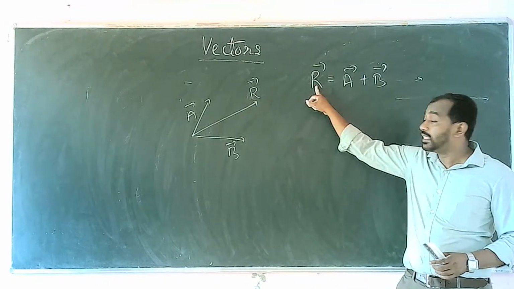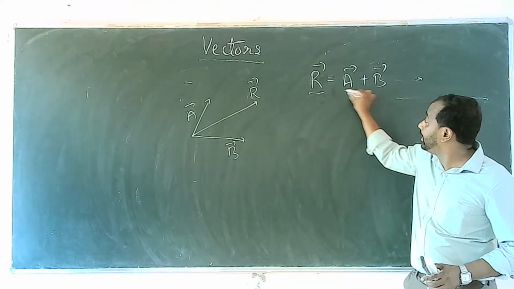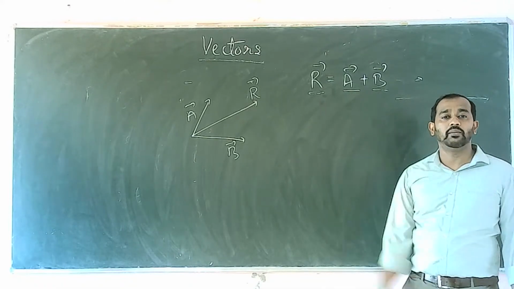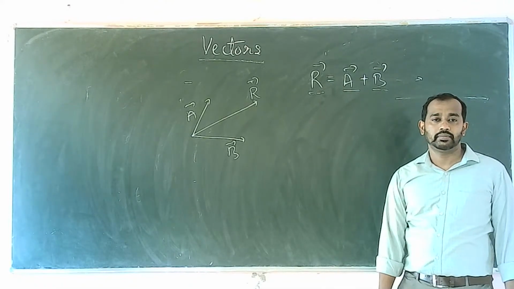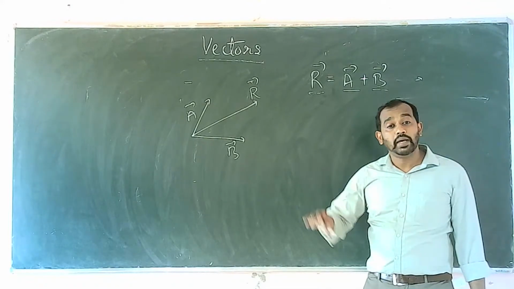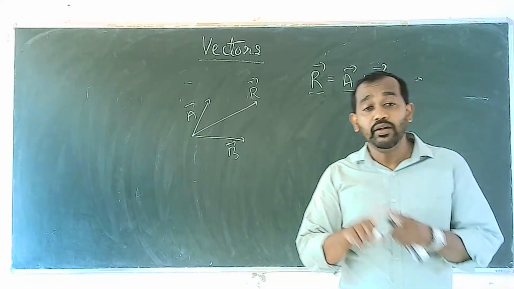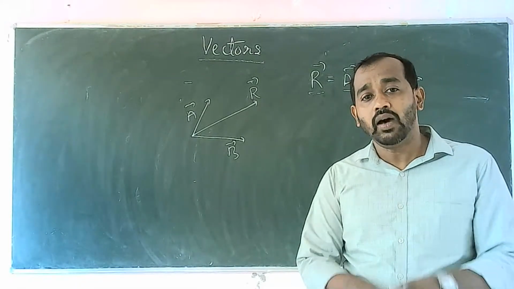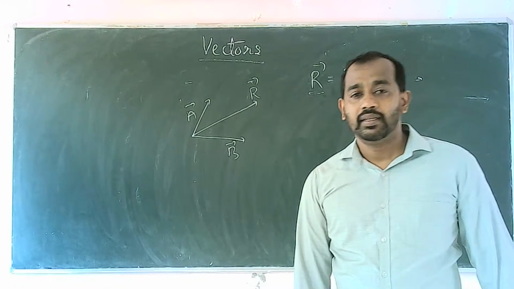That means a single vector R can be split in two ways. One is vector A, another one is vector B. This method of splitting a vector into two vectors, or three vectors, or components.